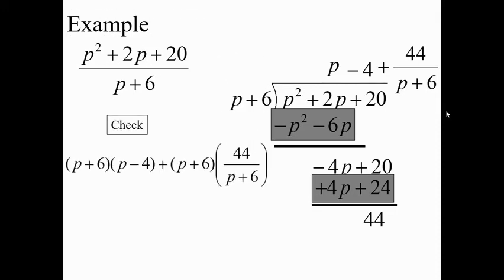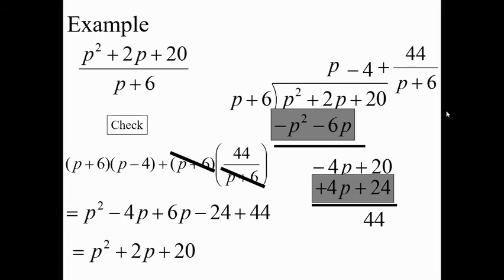And you can check this out, okay, if you take p plus 6 and p minus 4, FOIL them out. Notice how the p plus 6 would cancel, and so you would wind up with the FOIL of a minus 24 plus a 44. And when you do the combining of your like terms, notice how you get p squared plus 2p plus 20.